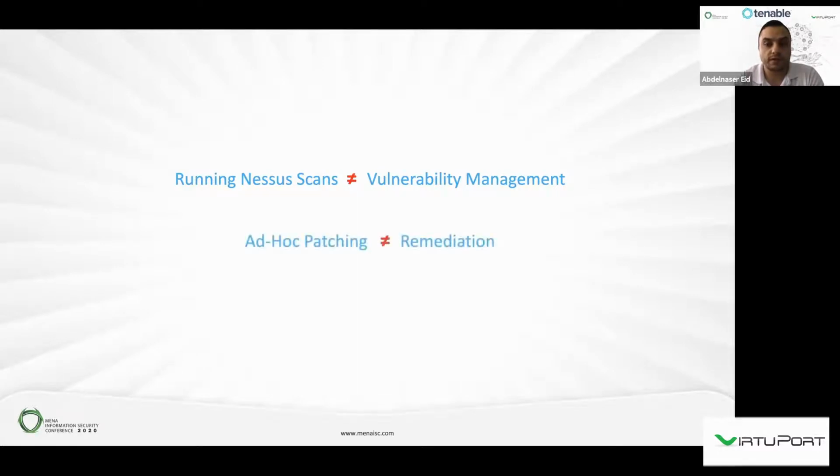Also, doing ad hoc patching doesn't mean that we have a good remediation plan, and it's not the proper way to remediate the issues that we discover.